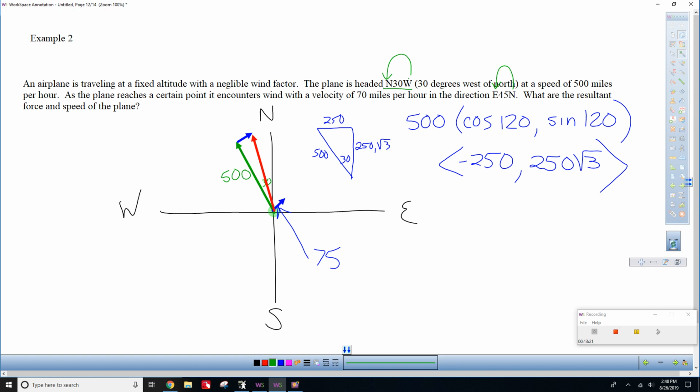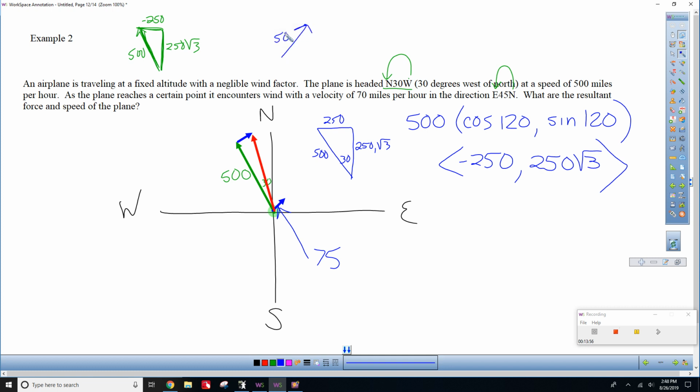So again, if I just go back to our original green vector, if you break it up into component form, this was 500 in that direction, so that means 250 of it is traveling in the left direction, and 250 radical 3 is traveling in the upward direction. Now, since our blue vector is pointing at a 45-degree angle, its horizontal and vertical components are going to be the same.